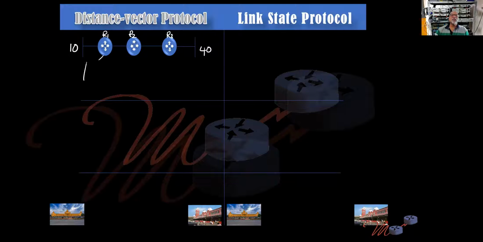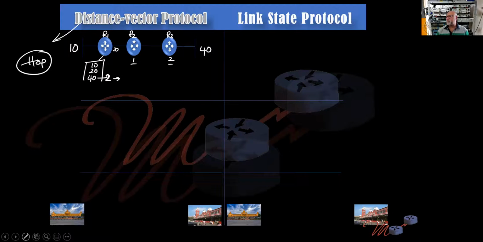R1's routing table will have whatever is directly connected: the 10 network and the 20 network. Now how does it learn about 40? How far is 40? If you want to go to 40, I have to cross two routers. That's the distance. RIP takes hop count. How many hops? 2 hops. That's the distance. What is vector? Vector calculus, did you study it?